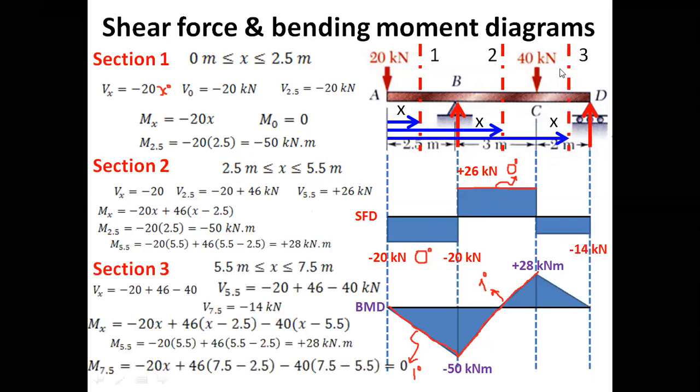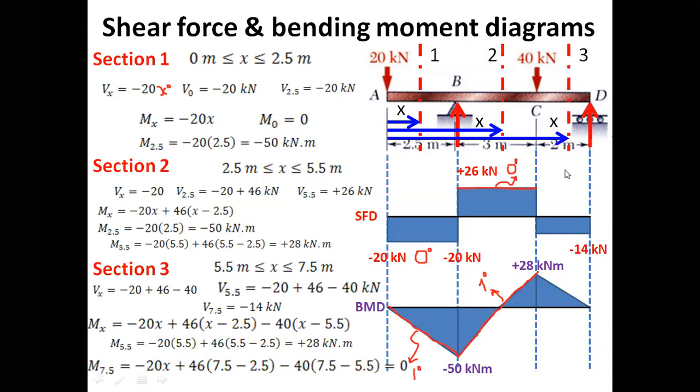So I'm taking my section 3, and x would measure from 0 up to this section, but my section itself would be working from 5.5 to 7.5. So it would work from C to D. At point C, the length of the beam is 5.5, and at D, the length of the beam is 7.5.